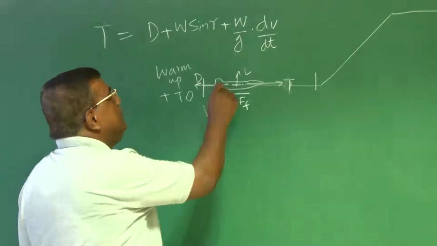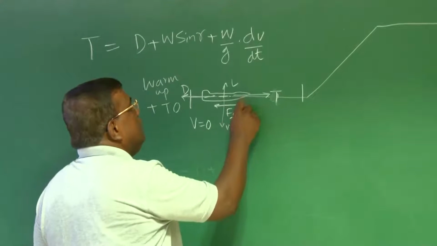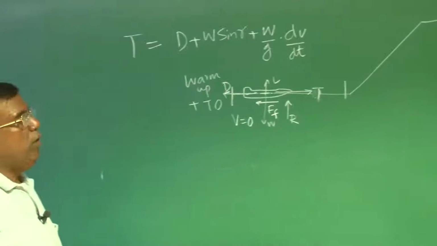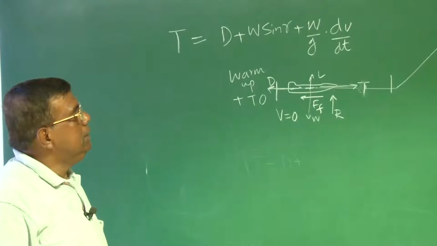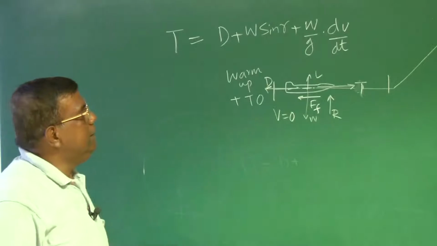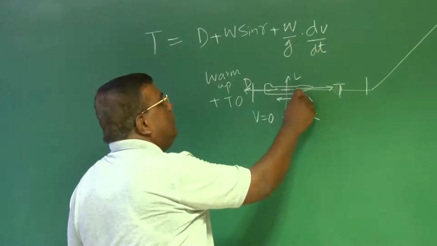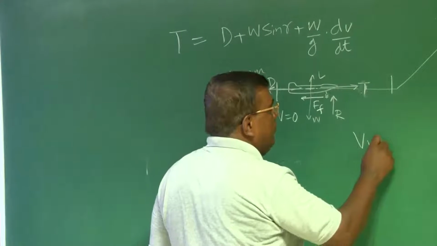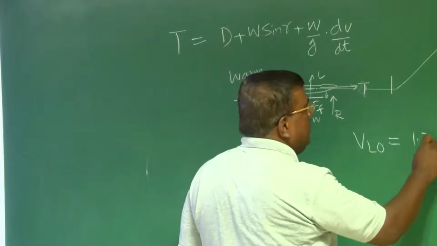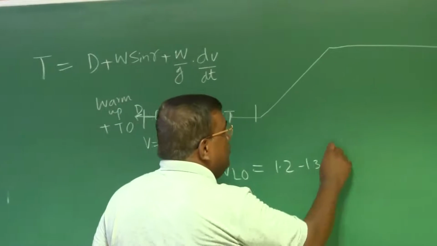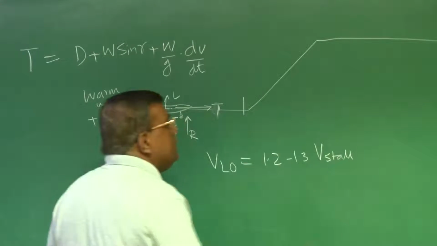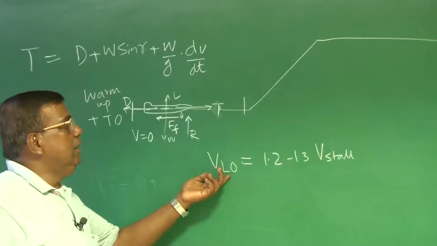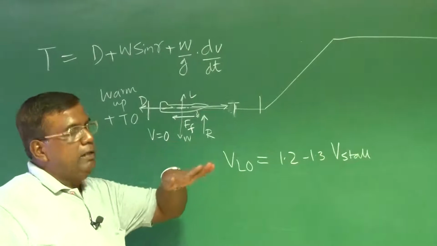And of course, because there is a weight, you can draw a reaction which gets coupled with friction force. What is important here is that the airplane initially is at V equal to 0, right? And there is a particular speed V liftoff, which you know is 1.2 to 1.3 times V stall. Meaning is this, if the aircraft attains this V liftoff speed, then the airplane will start taking off, right?